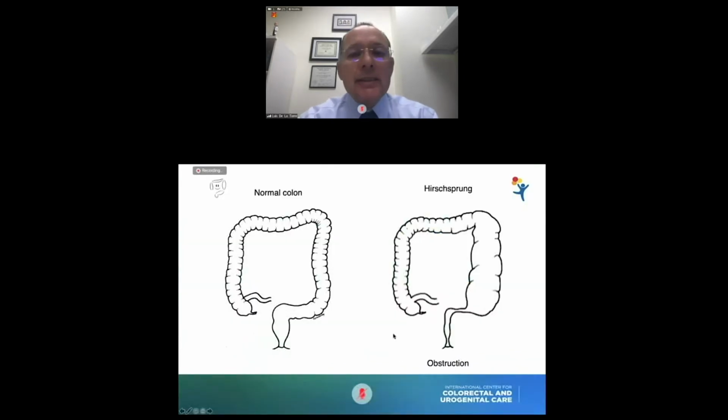First of all, you can see here in this slide what is a normal large bowel that we call the colon. You need to recognize on the left side of your screen the right transverse, left or descending colon, and then the sigmoid and the rectum. The sigmoid and the rectum are the natural reservoirs for stool.